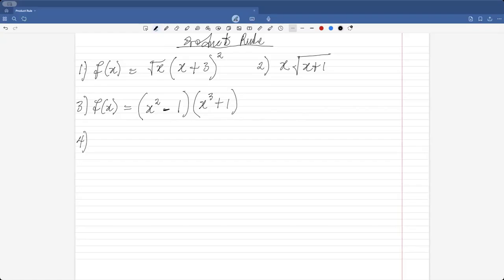Number 4, we can say that f(x) equals, let's just say, sine 4x cos 3x.